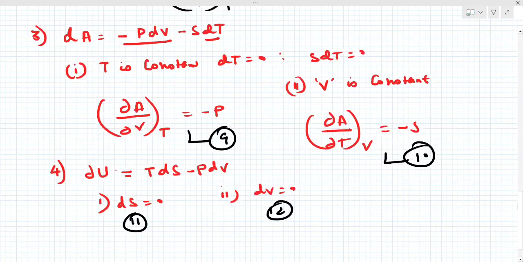You can write the 11th and 12th. Now I'm going to write one more relation using the Maxwell relations. Please, very important.